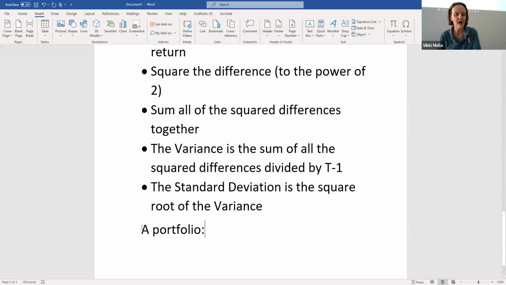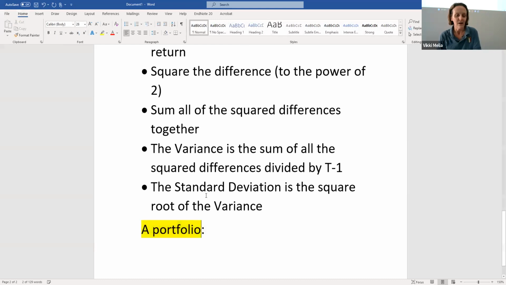We also talked about what's called a portfolio. What's a portfolio? A collection of assets, whatever different assets you've invested in, your collection of assets or your group of assets that you've chosen to invest in is your portfolio.